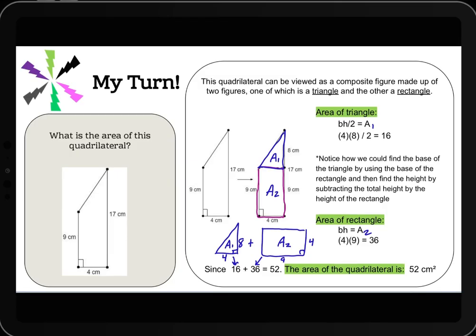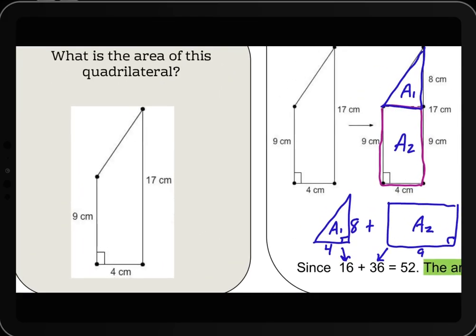So another way that it could have been done, and I'll do this on the side over here, is if you were to have, let's say, completed the figure. Completing the figure means making it recognizable as one singular shape. So I've made it into an entire rectangle, and so I might consider the area of the full rectangle, let's call it area total.